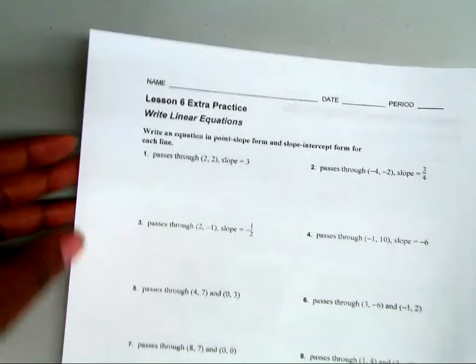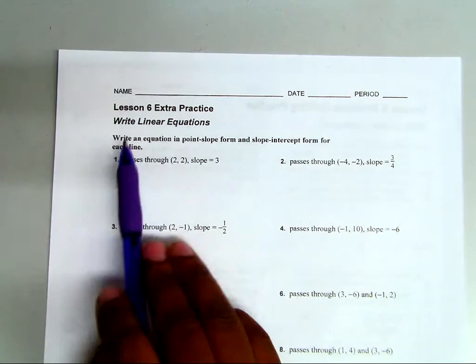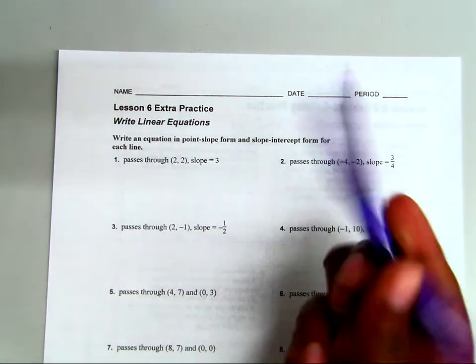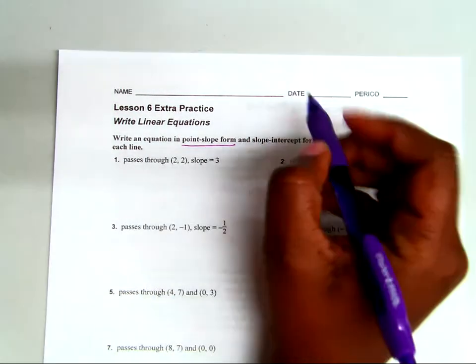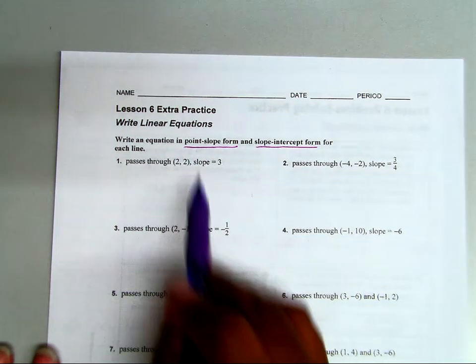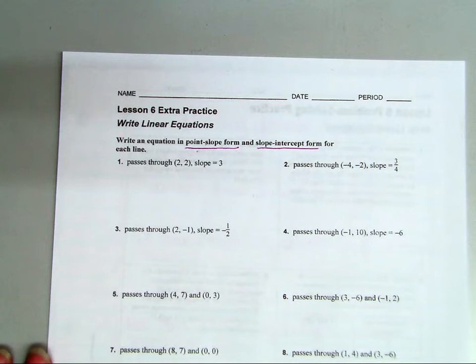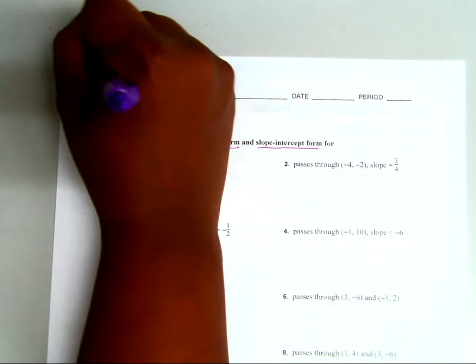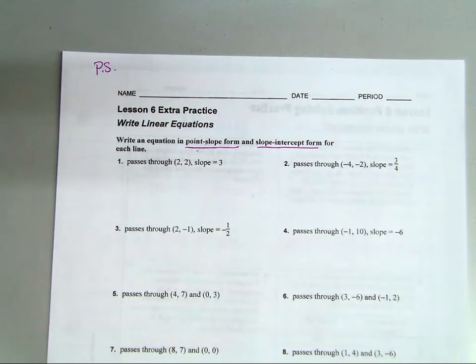Okay? Directions just tell us write an equation in point-slope form and slope-intercept form for each line. So point-slope form, what is that? PS is what I'm going to put it as.